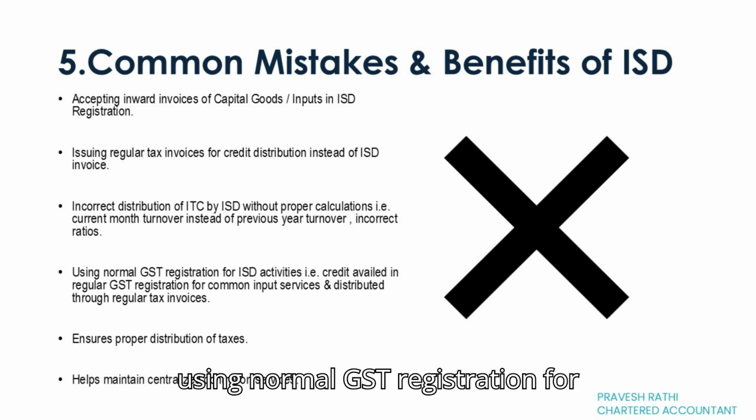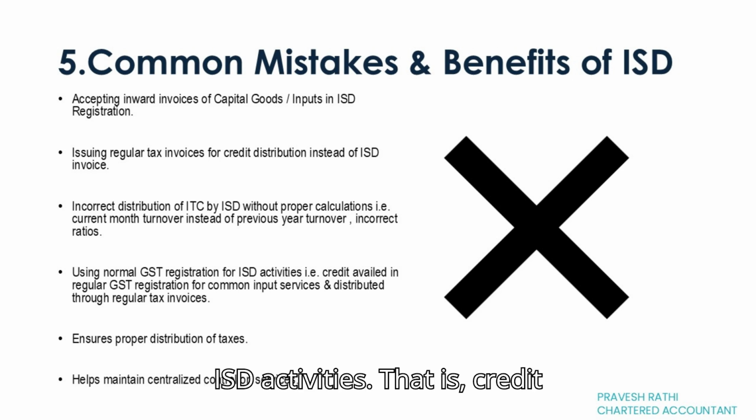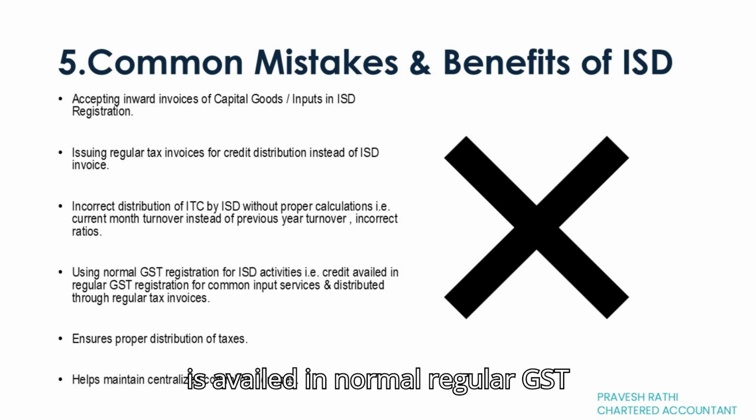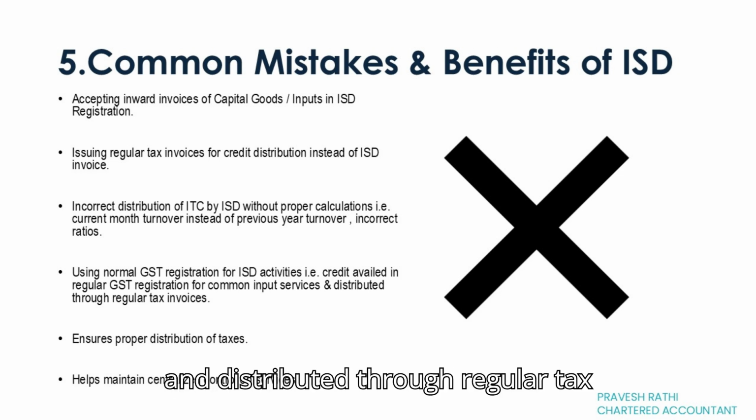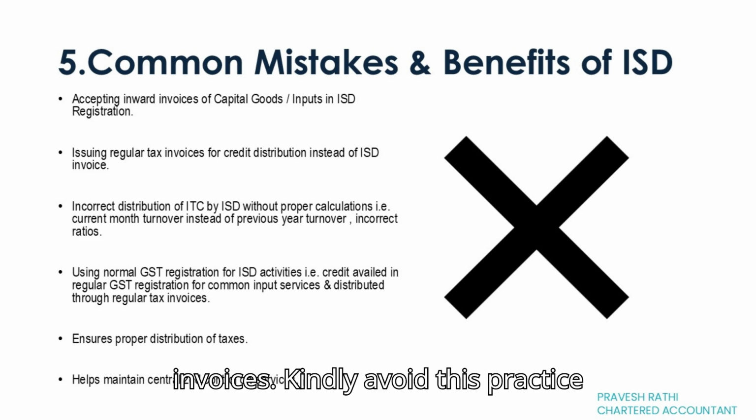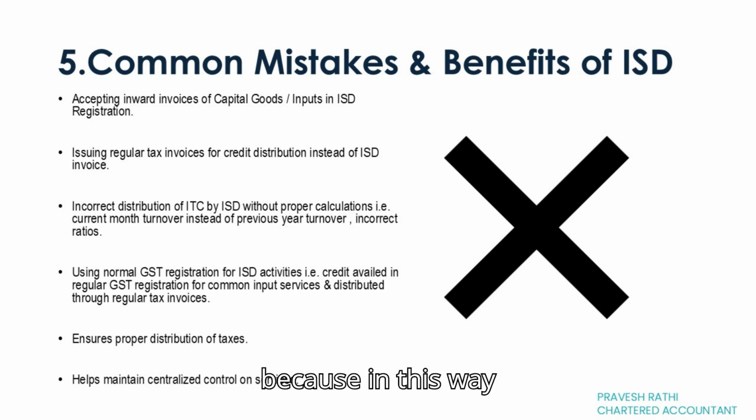Another mistake is using normal GST registration for ISD activities, that is, credit is availed in normal regular GST registration for common input services and distributed through regular tax invoices. Kindly avoid this practice because in this way the credit may be denied to the recipient.